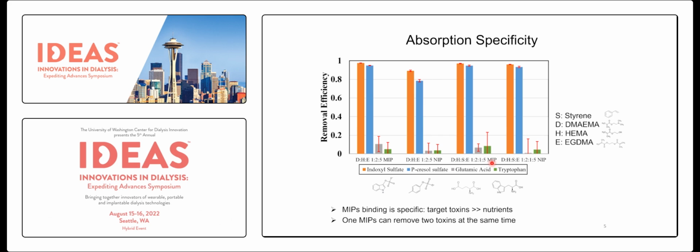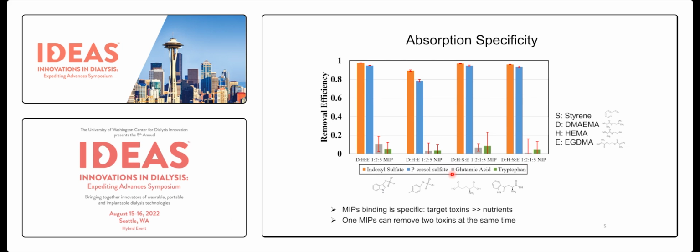They are benign molecules. As we can see, the molecularly imprinted polymers we synthesized have very high capacity binding to indoxyl sulfate. Surprisingly, they also bind to another toxin, picresyl sulfate, which is very similar in structure to indoxyl sulfate. But they didn't bind to the nutrients, whether glutamic acid or tryptophan.